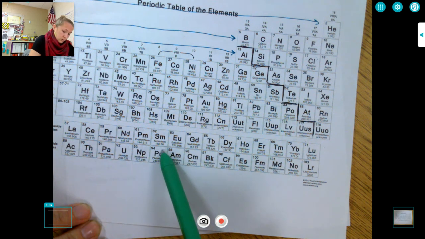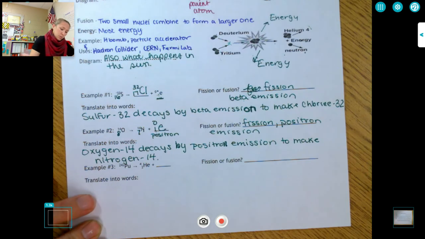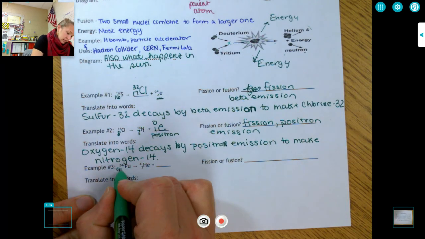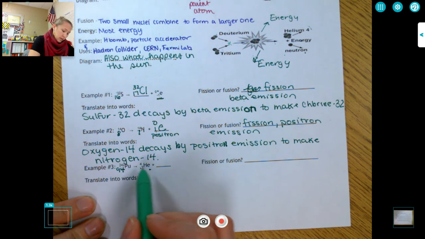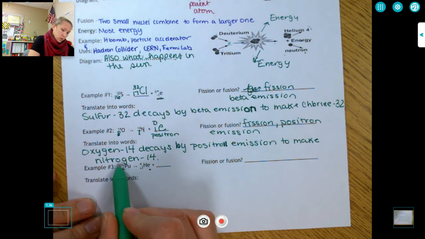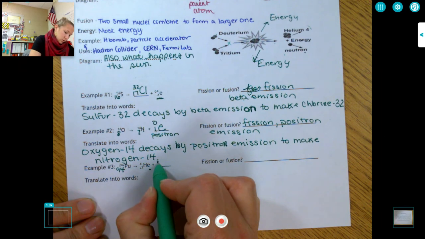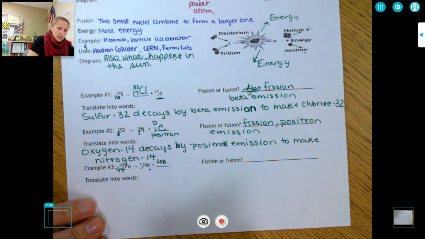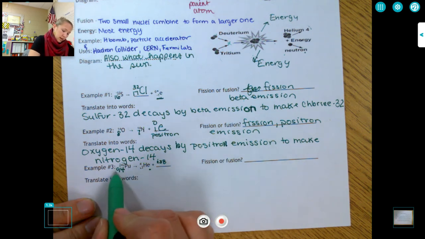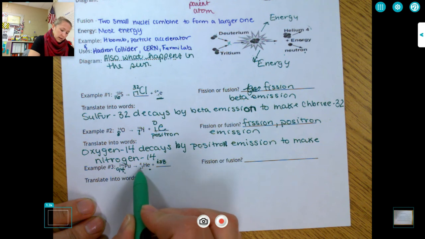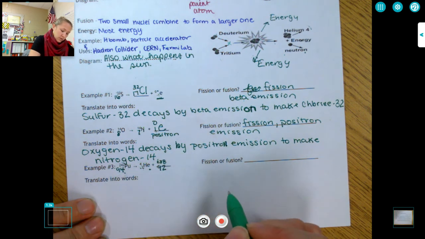Here it is, plutonium, number 94. You can see that I have my alpha particle here. My mass has to be conserved. I have 242 here, 4 there. So I need to have 238, because 238 plus 4 is 242. On the left, I have 94. On the right, I have 2. So this must be 92, because 92 plus 2 is 94.